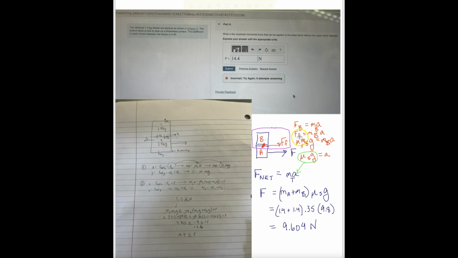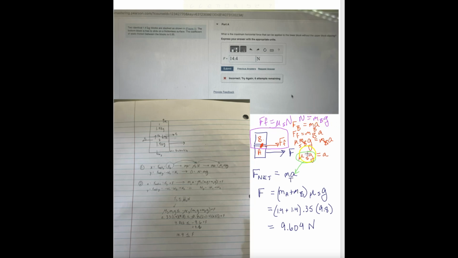So that force of friction is really just equal to the mass of B times a, because that's what's pulling B. Remember, force of friction is equal to mu s times the normal force, but our normal force is equal to mB times g, because that is the weight and they're equal and opposite. So when I plug all that in, notice my mB's cross off, and I'm left with mu s g is equal to the acceleration of that object.